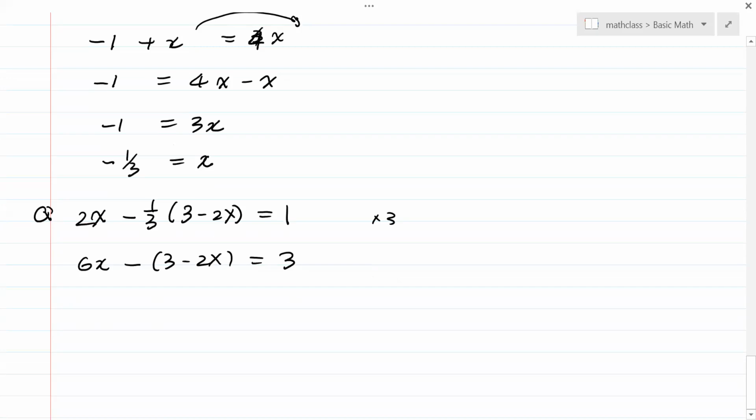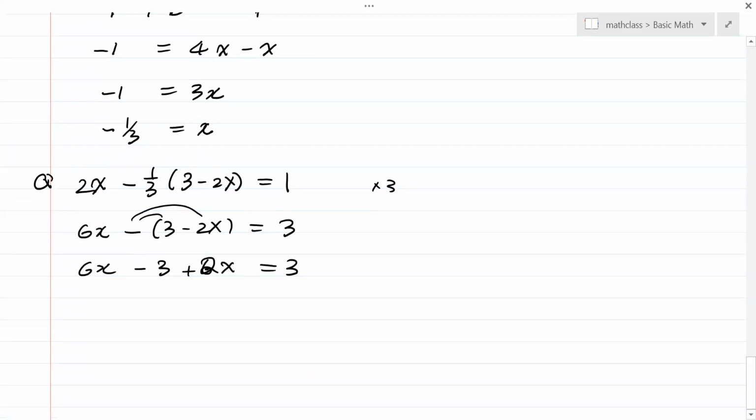The parentheses are already covered, so you can only do the multiplication outside the parentheses. Then you remove the parentheses: 6x minus 3, right? And then plus 2x. So 6x and 2x will be 8x.